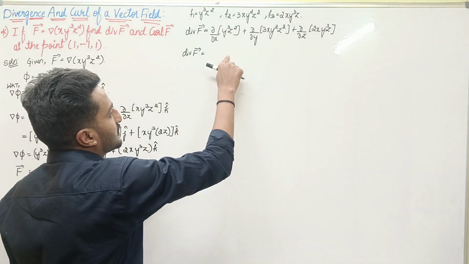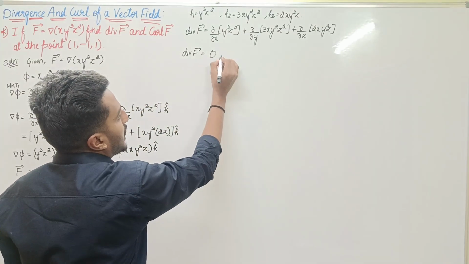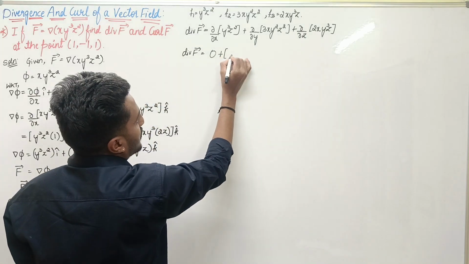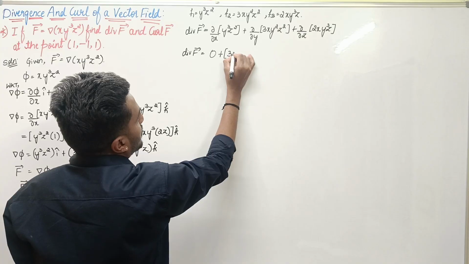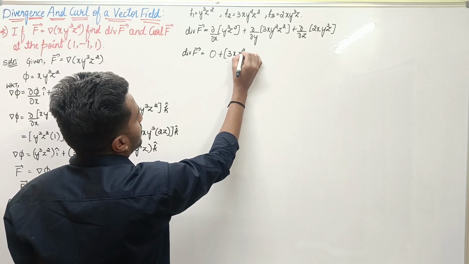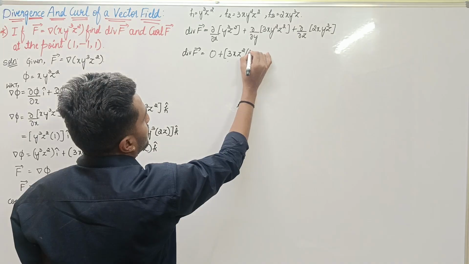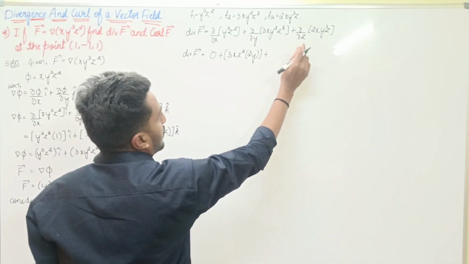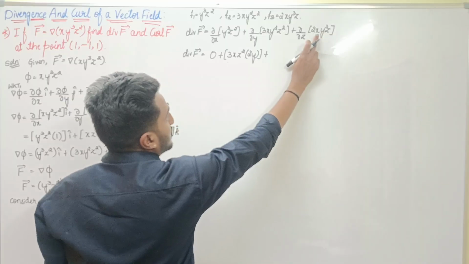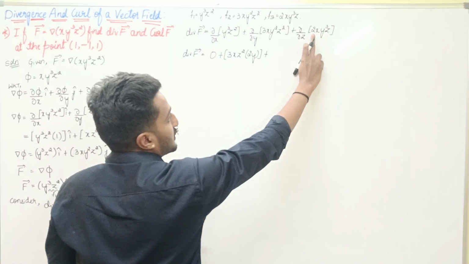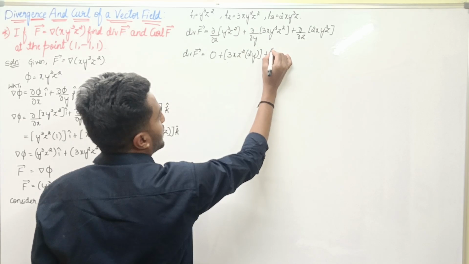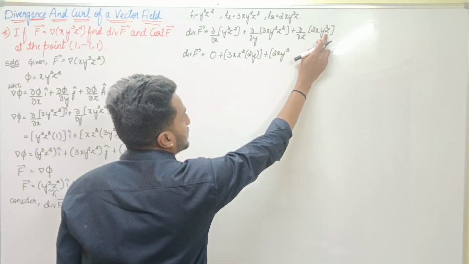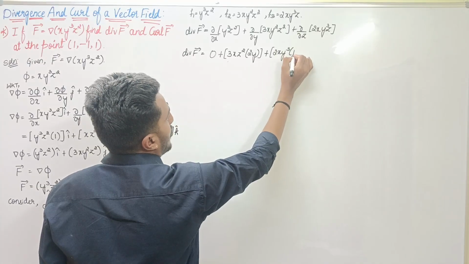So 0 into anything is 0. Plus, now we have y square, 3x z square remains constant, differentiation of y square is 2y. Plus, now differentiating z, 2x y cube remains constant, and differentiation of z with respect to z is 1.